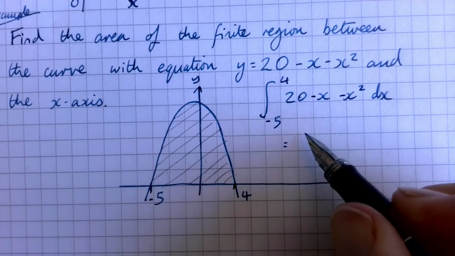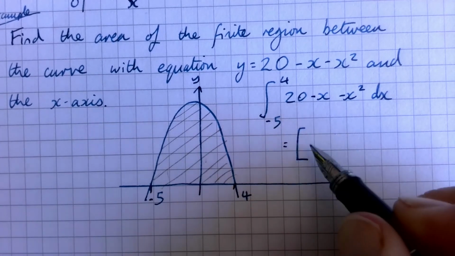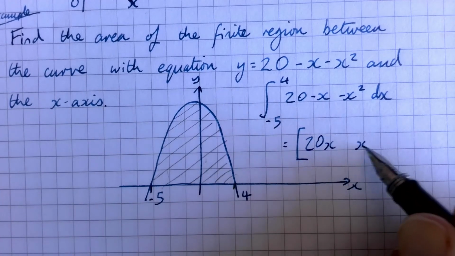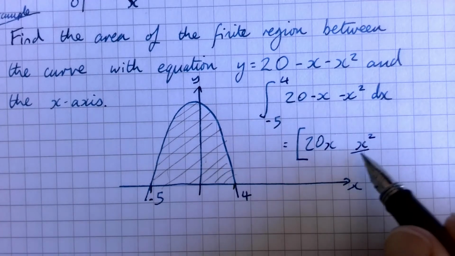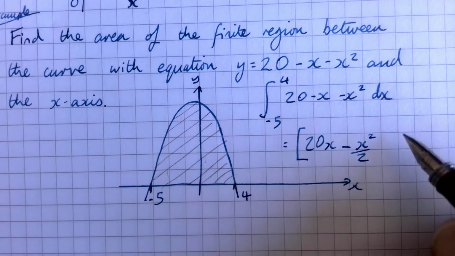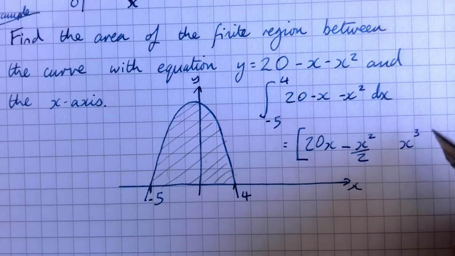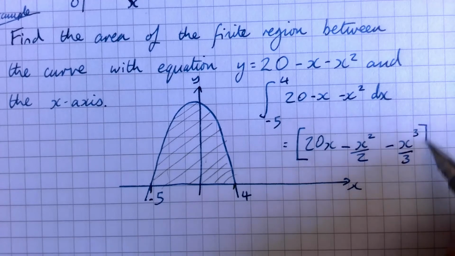This is going to give me 20x, then add 1 to the power here, which gets me x squared, divide by the new power, so over 2, and that's a negative, and same again here, go up to x cubed, divide by the new power, x cubed over 3.